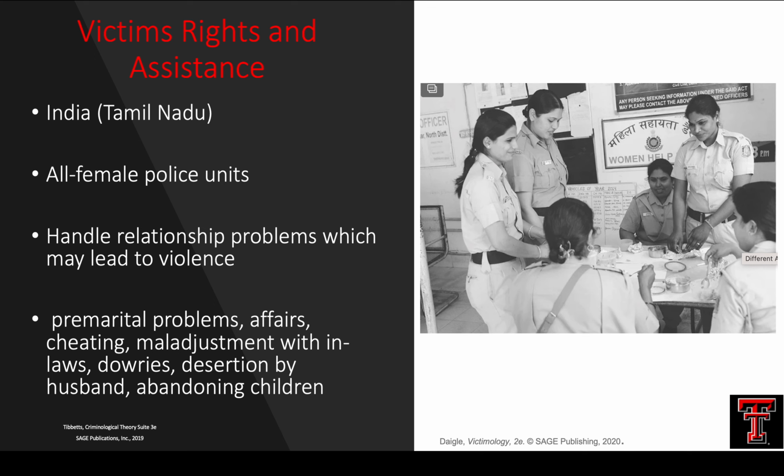They help women with problems such as premarital problems, affairs, cheating, problems with their in-laws, dowries, and husbands deserting them. These all-female units are there to help other women, and women experiencing these problems are probably going to be more comfortable going to these women rather than an all-male unit of police officers.